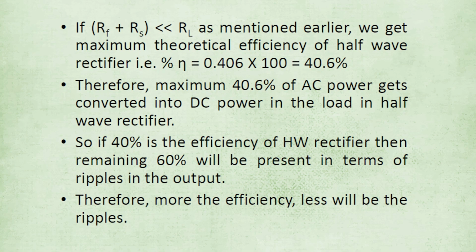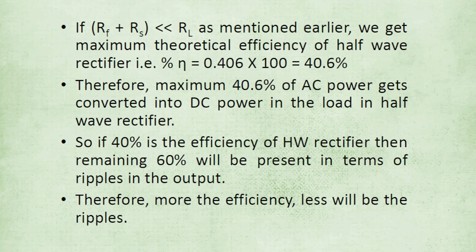Now, in the denominator, the summation of RF plus RS is very small compared to RL, which we have already studied. The forward resistance and the resistance of the secondary winding of the transformer are very small compared to the load resistance.